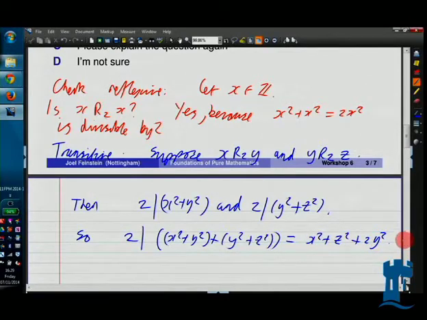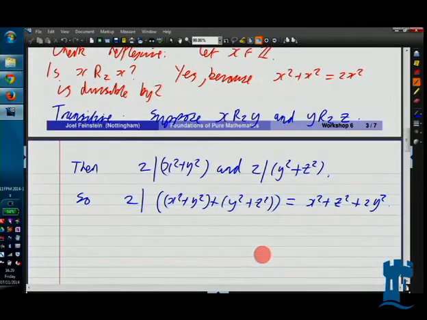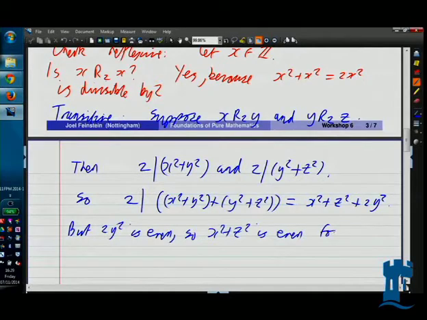So this is even, but 2y squared is even as well. So x squared plus z squared must be even as well. Or you can do it all modulo 2. But the main thing is, we've now proven that if you assume that x is related to y and y is related to z, you end up with x related to z, and you've proven transitivity.